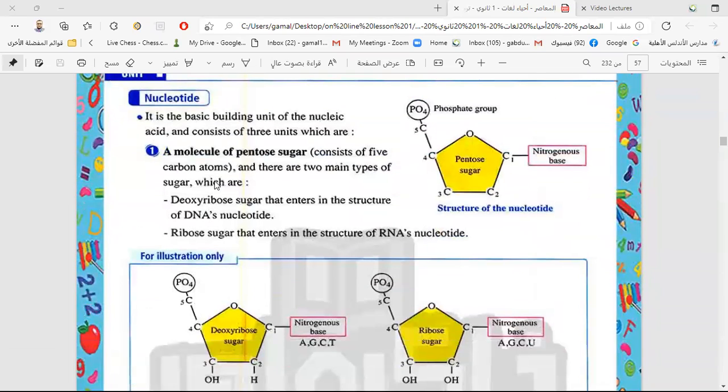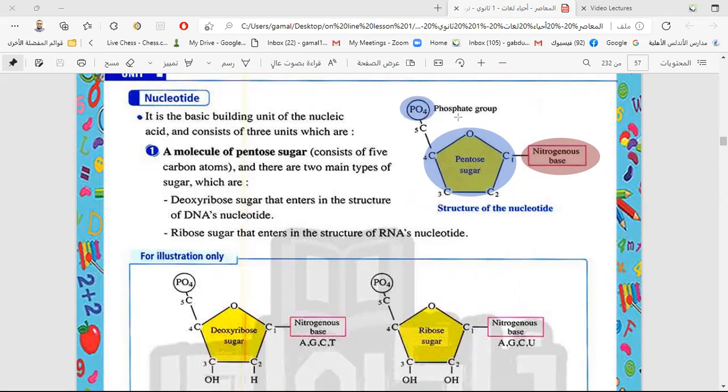Here we have the structure of the nucleotide, three main components. Remember, we have three main components in the nucleotide. The first component is the pentose sugar, which is bonded with a covalent bond to the nitrogenous base. This is the second component, and it is also bonded with a covalent bond to a phosphate group.